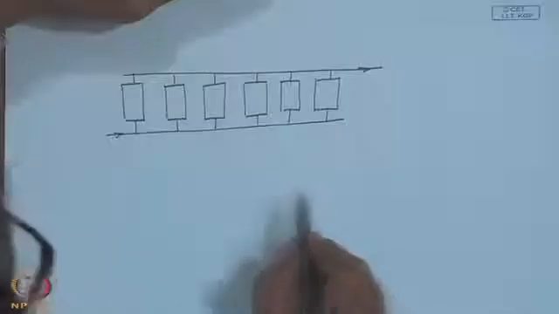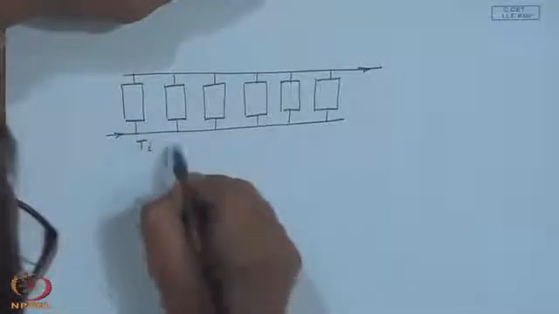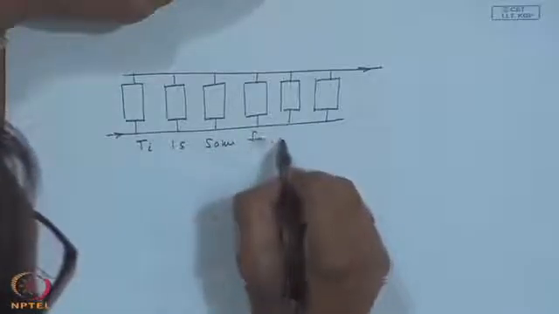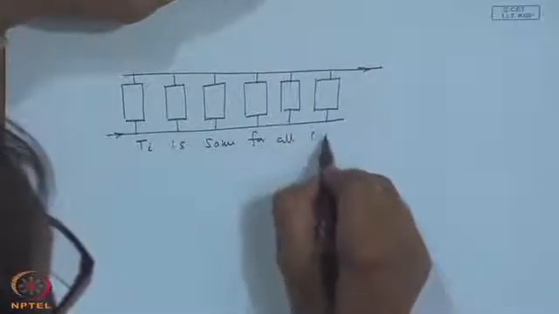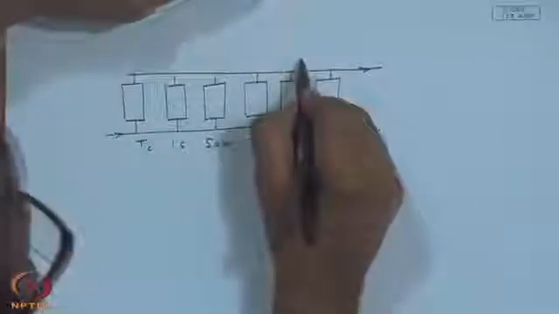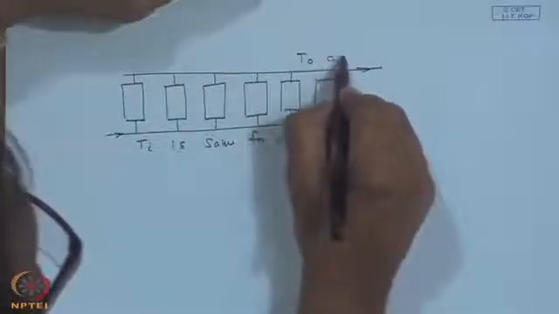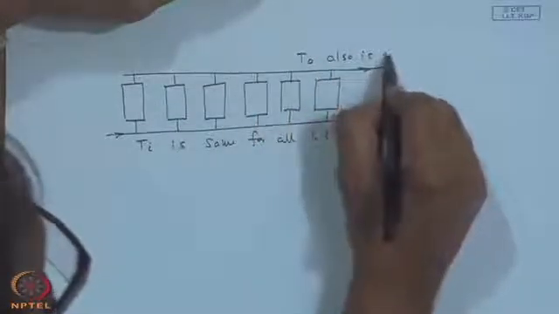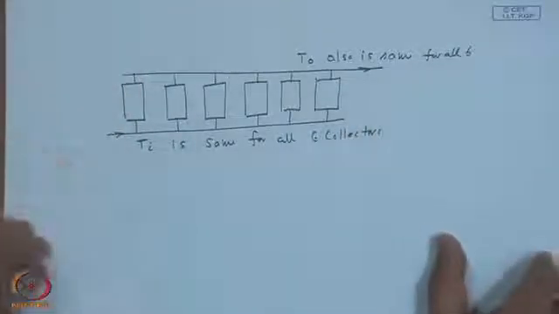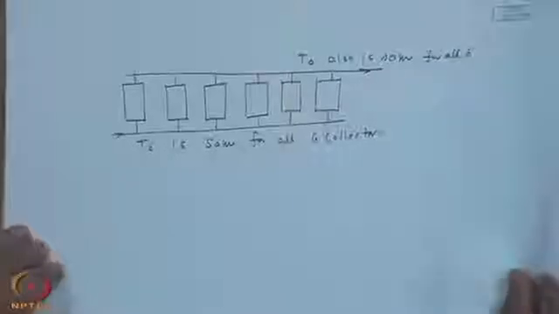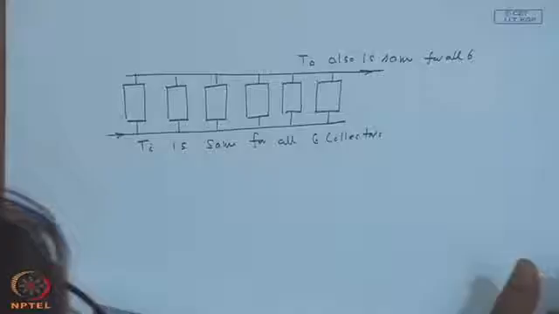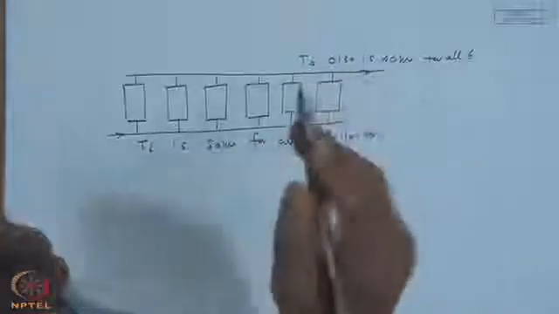This is one arrangement. So, T I is same for all 6 collectors, and similarly T O also is same for all 6. We are assuming that there is a uniform flow rate and all the collectors are same efficiency. Consequently, it will enter at T I and come out with T O.